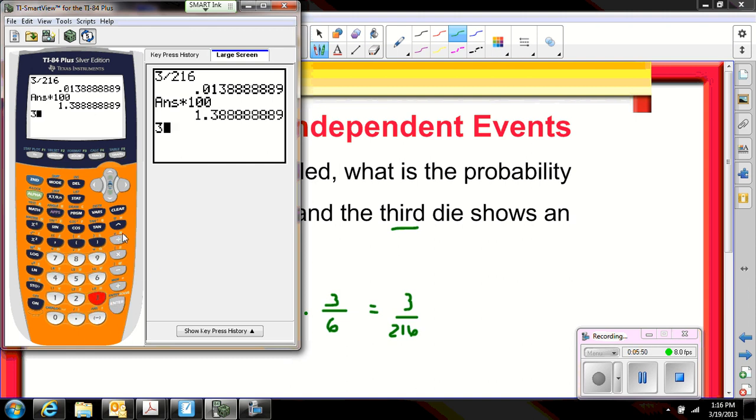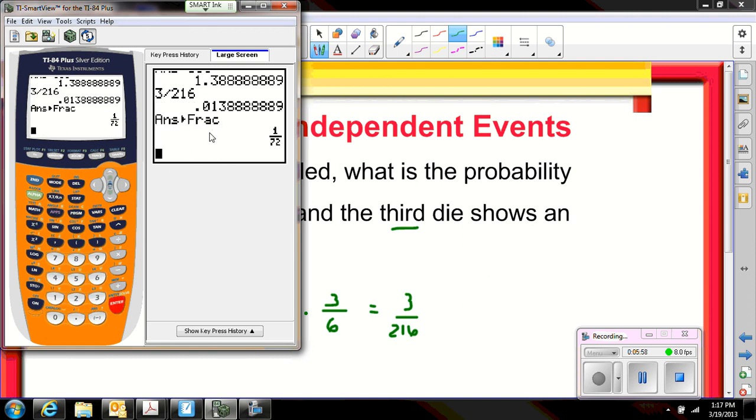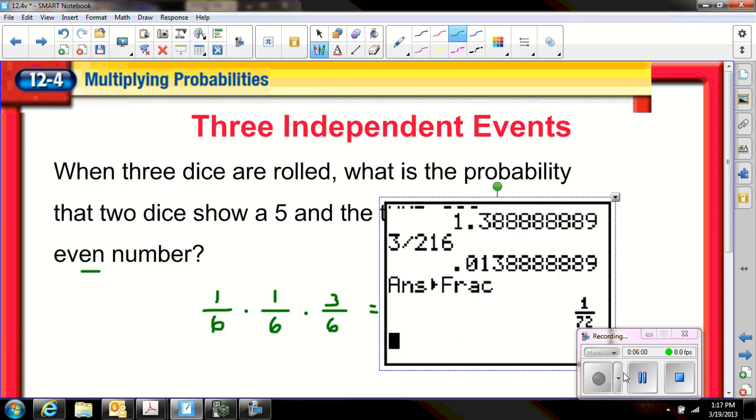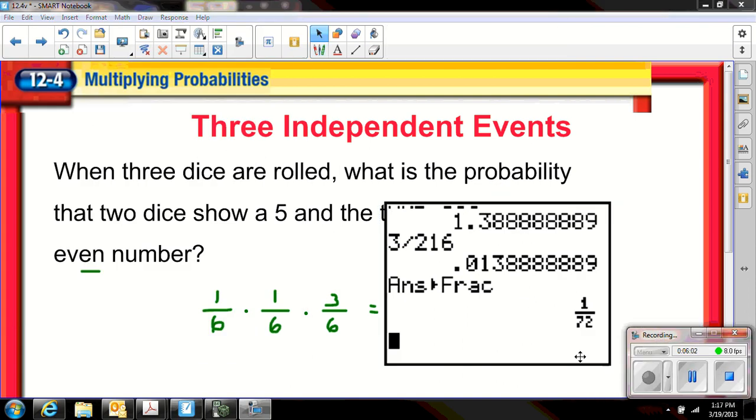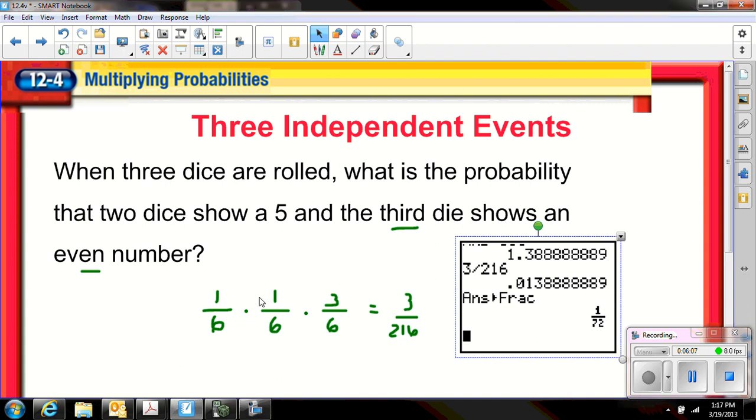And 3 over 216 can actually be reduced to 1 over 72. So the probability for rolling 2 fives and then an even number is 1 out of 72, or 1.3%.